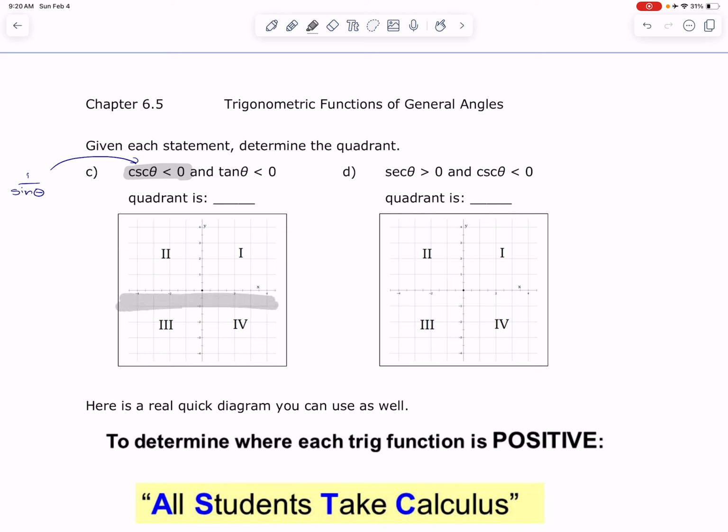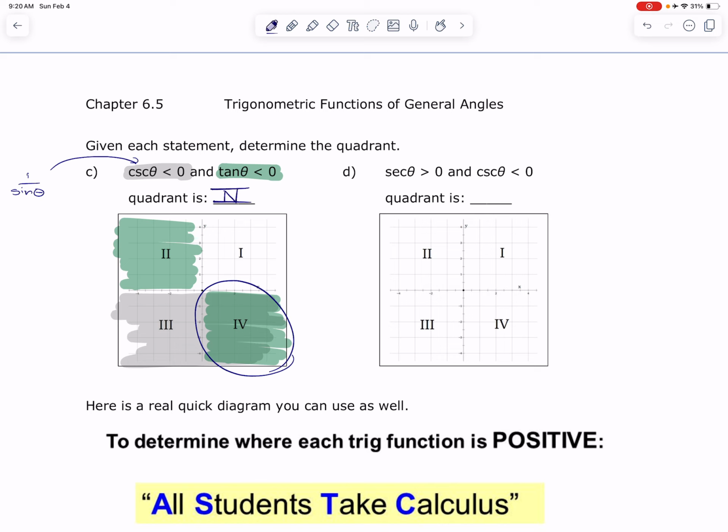And that happens in quadrants 3 and 4. Where is the tangent also negative? Tangent's negative in quadrants 2 and 4. Our overlap then is quadrant 4. Sine and cosecant are negative and tangent is negative in quadrant 4.